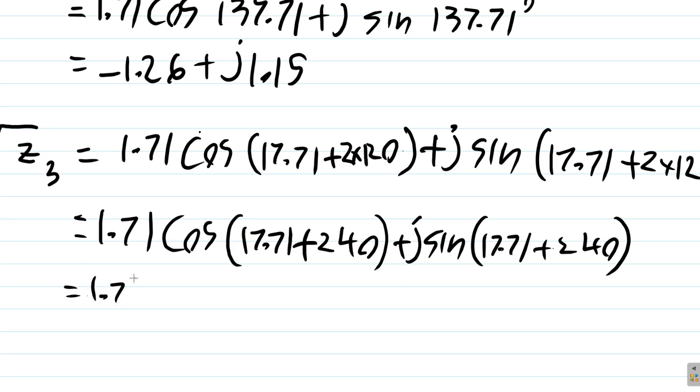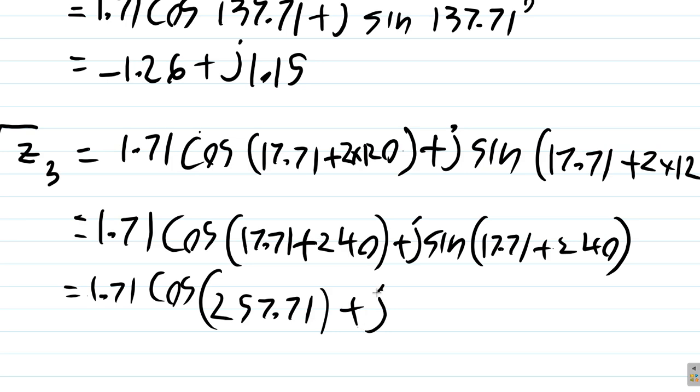So it's 1.71 cos. This is 257.71, right? Plus j sine 257.71. So we have that. I don't really need these brackets around the number.